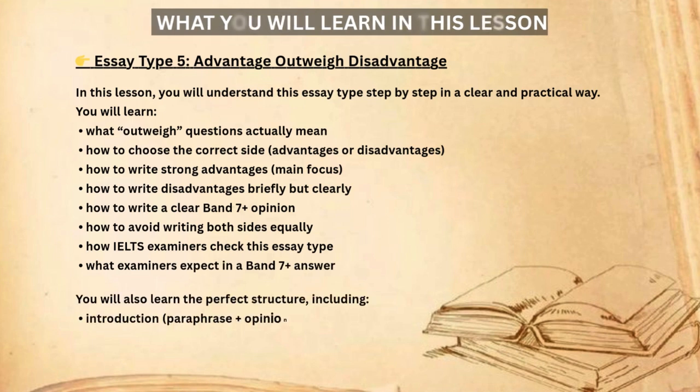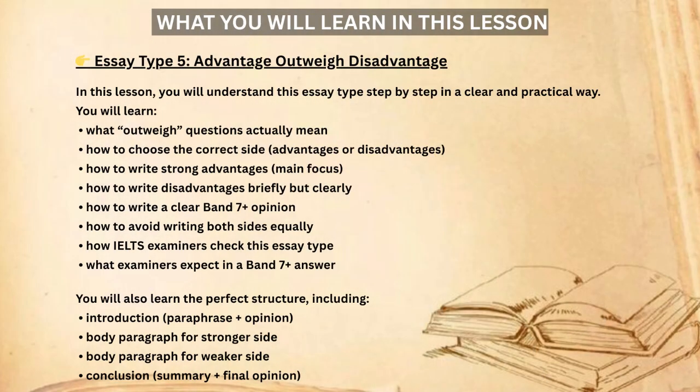Now let's quickly understand what you will learn in this lesson. In this lesson, you will understand this essay type step by step in a clear and practical way. First, you will learn what outweigh question actually means. Then you will learn how to choose the correct side, advantages or disadvantages. Because in this essay, you must decide which side is stronger overall. After that, you will learn how to write strong advantages because that should be your main focus.